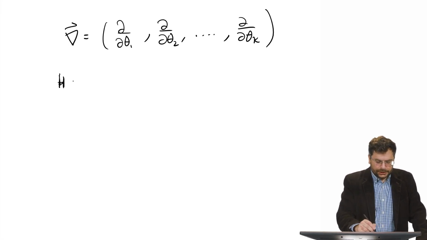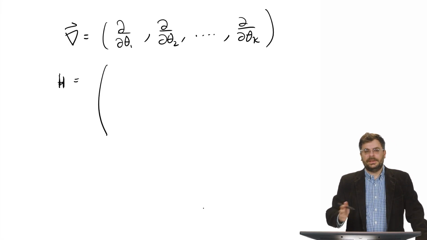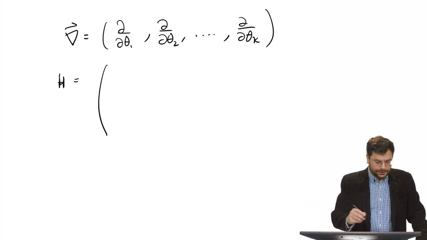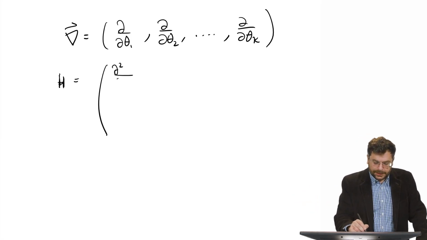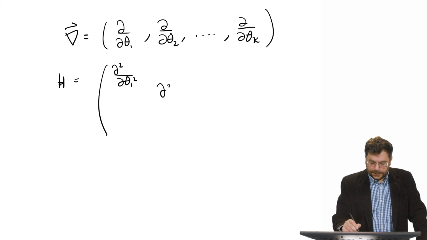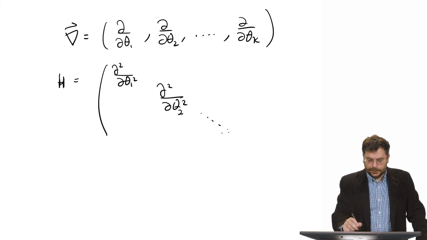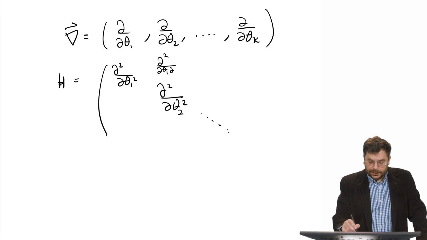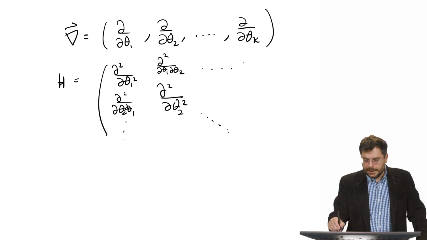And the h is going to be a matrix of second derivatives, d squared d theta 1 squared, d squared d theta 2 squared, and so on and so forth. In the off diagonals, we will have our mixed derivatives, d theta 1, d theta 2, d theta 2, d theta 1, and so on and so forth.